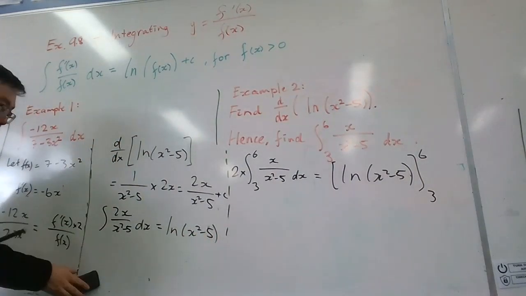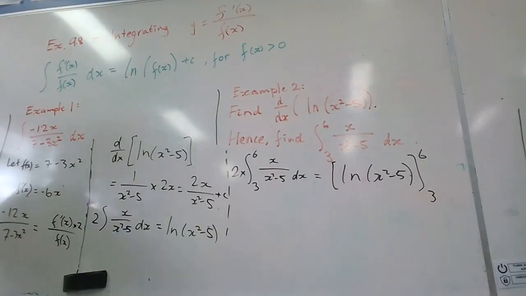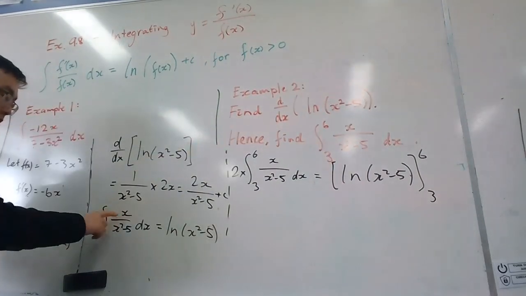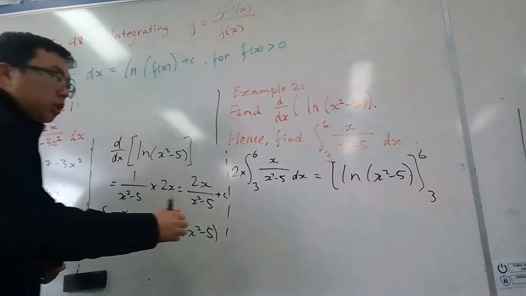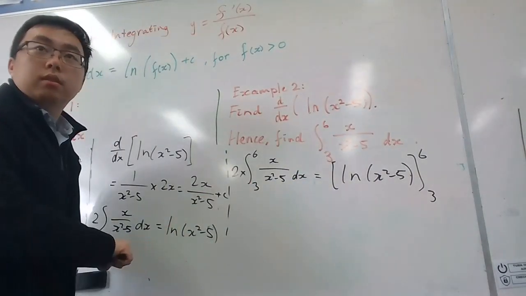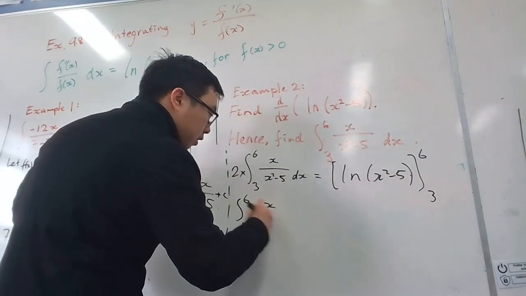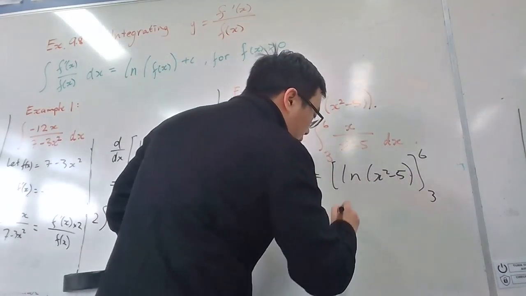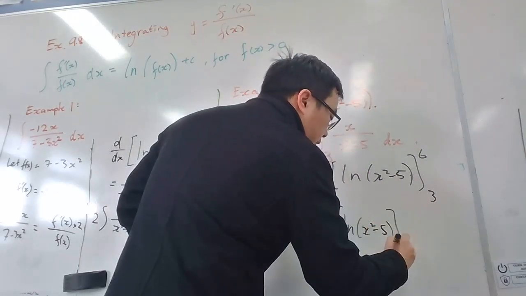Now that's twice though, so I can actually take that 2 out and put it here, which is what this question's asking, right? Because this is x instead of the 2x, so we just brought it out to the front. Or in other words, you can multiply that by half. Okay? So you should end up with the integral from 3 to 6 of x over x squared minus 5 dx equals a half of ln x squared minus 5 from 3 to 6.